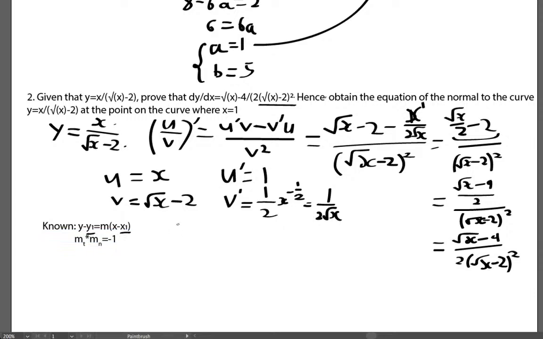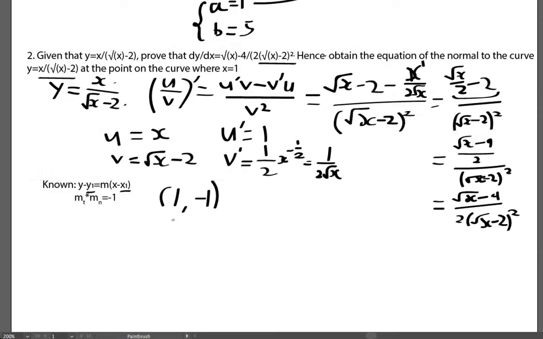We want to find the normal of the function to the curve where x is 1. So x would be 1, and then what's the y? We plug this 1 inside the very first function, so the result will be 1 over 1 minus 2, that will be negative 1. So that's the point.